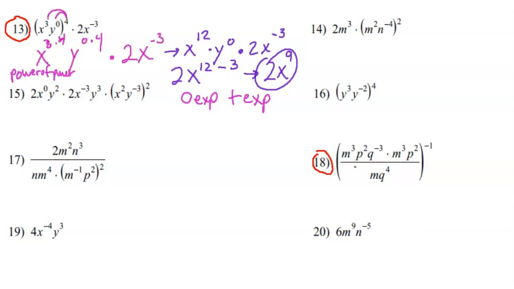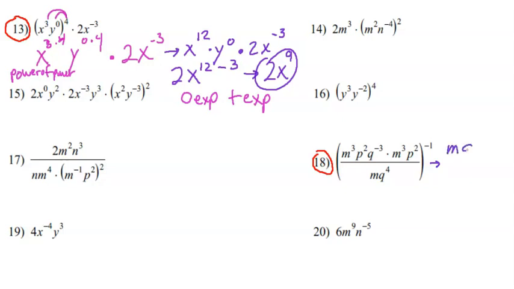Number 18. M to the negative 3 times p squared times q to the negative 3 times m cubed times p squared all over m q to the 4th, all raised to the negative 1 power. Well, when we have a negative exponent, we just flip the fraction. And then 1 times each of these exponents would still be those exponents. So that could be your first step.